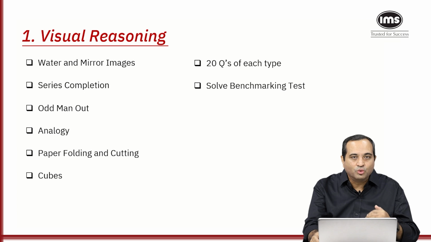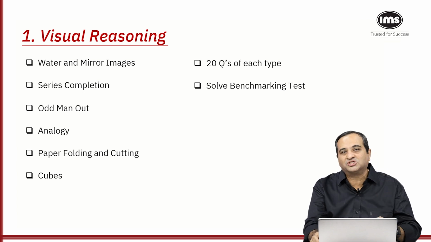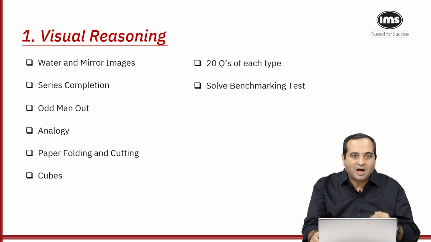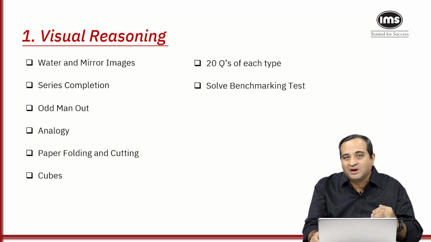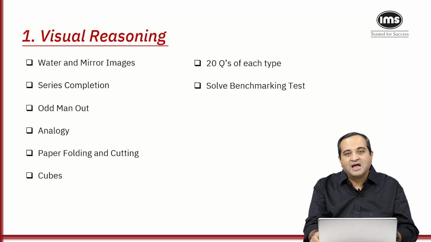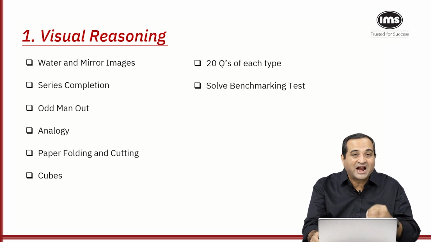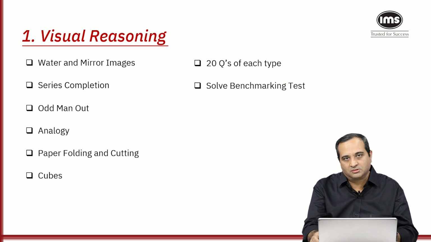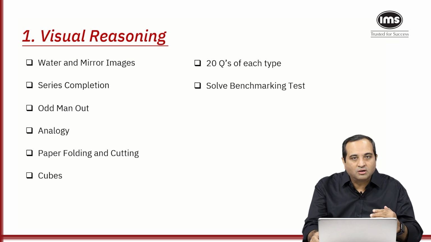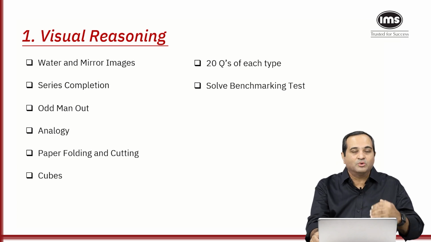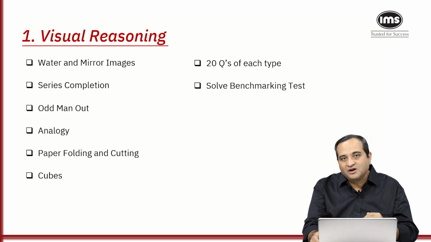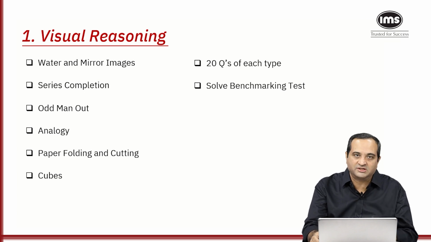Whenever you are doing visual reasoning, make sure that you pick up 20 questions of each type: 20 of analogy, 20 of odd man out, 20 of series completion, and practice a variety of questions that come under this. The more you solve, the more variety you will come across. Once you are done with this, make sure you attempt the benchmarking test of visual reasoning.